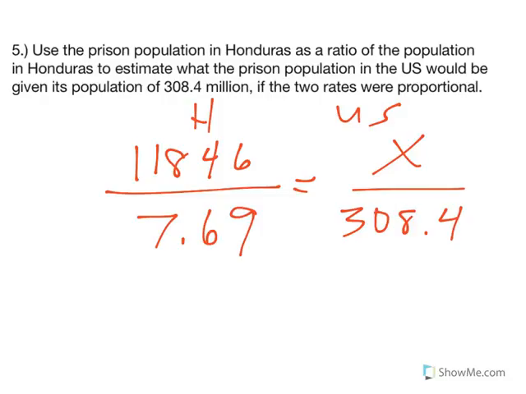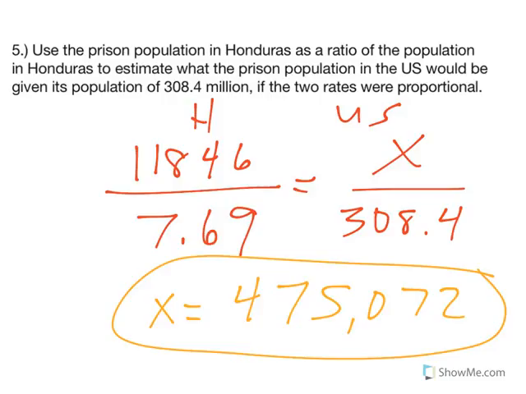And if I cross multiply and divide, we would end up with 475,072. So this is what we would estimate if we were like Honduras, and we know from our data that we are a little over 2 million. So to think of 475,000 compared to 2.2 million, that is a huge, huge difference. So maybe we want to look at what Honduras is doing so we can maybe be closer to that.